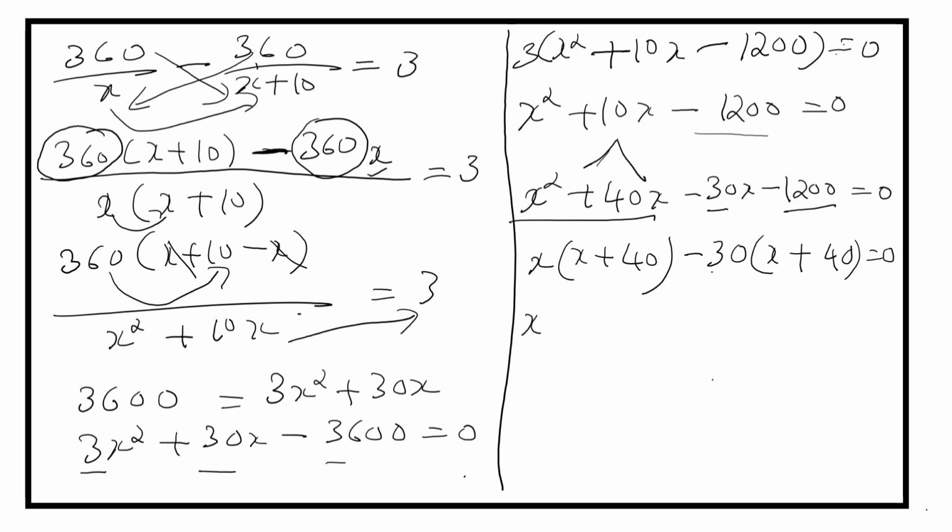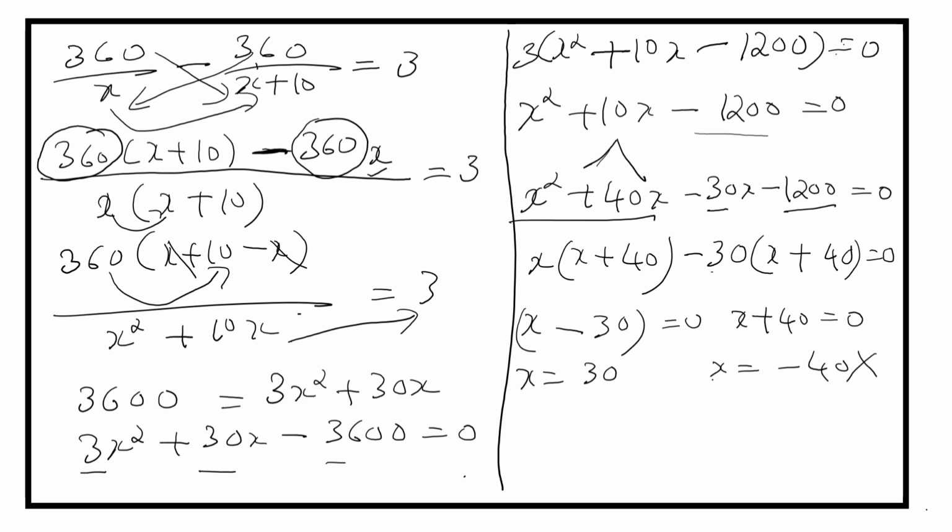So x minus 30 is equal to 0 or x plus 40 is equal to 0. So x is equal to 30 or x is equal to minus 40.